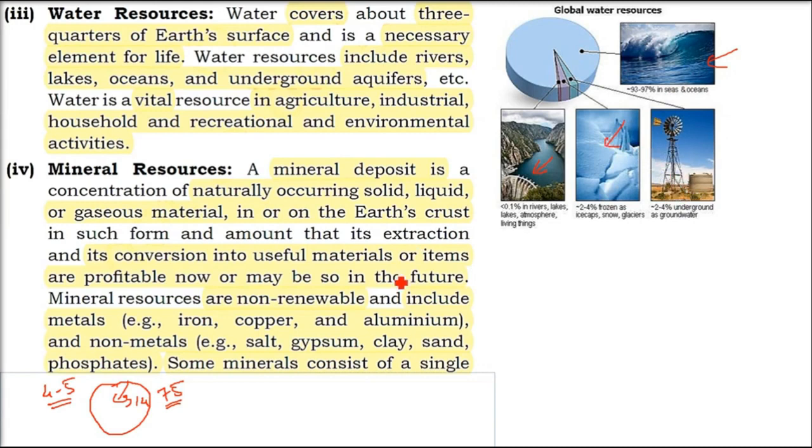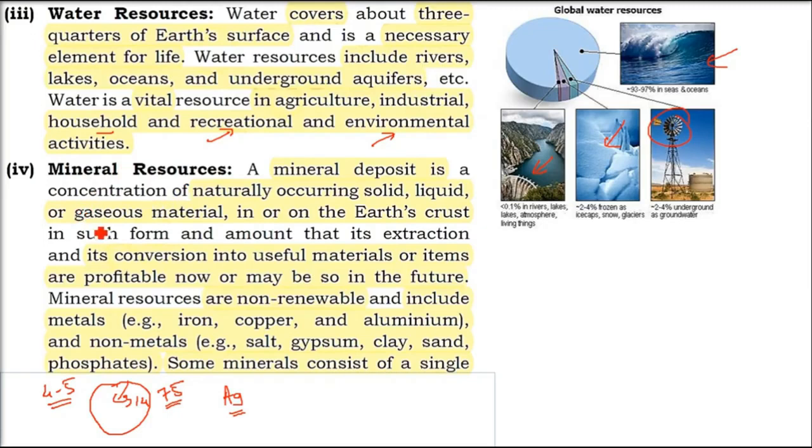All these come. Without water, agriculture cannot be done. Without water, there will be no industries. In our household, day-to-day life, we use water every time, for any recreational activity, environmental activity. We need water. Water resources are so important. The plants need water, the animals need water.